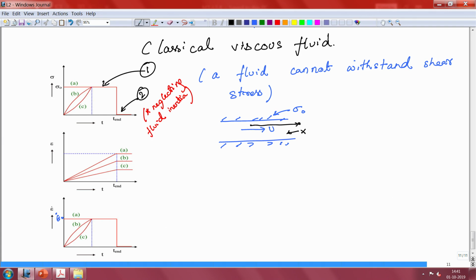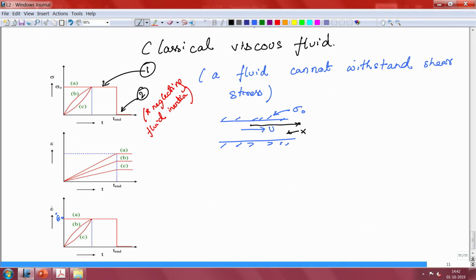But there is also a similarity in the sense that the stress and the strain rate response is very similar to the strain response in the elastic solid case. This already tells you that the constitutive relationship for a classical viscous fluid will have the relationship between stress and strain rate, where they will be linearly related. So, unlike the classical elastic solid where the strain and the stress are linearly related, here the stress and the strain rate are linearly related, right.